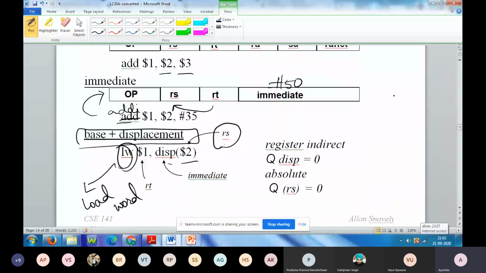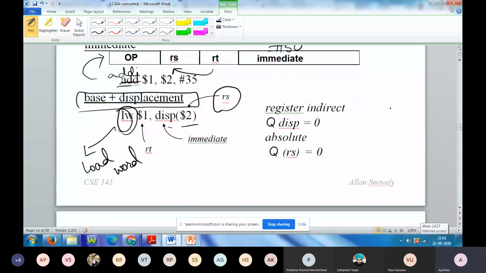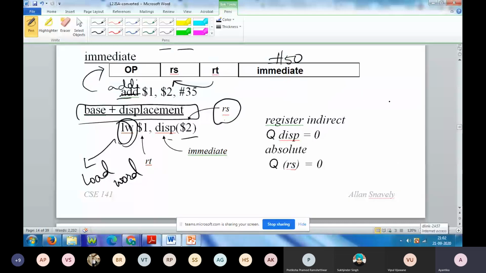Okay. So these are typically different types of addressing modes. One is register direct, immediate, and base plus displacement. Now, in some cases, here we have just shown that base is some register address. It may happen that base is some memory location. It may happen this base is your PC, program counter.